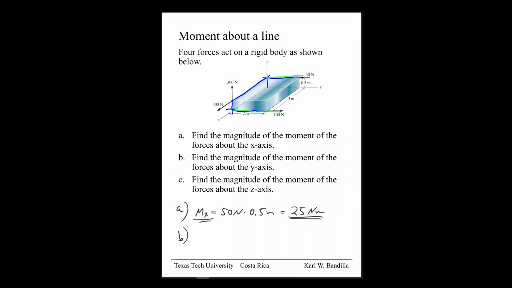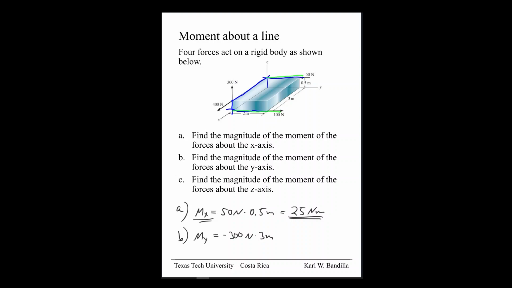If we take our right-hand rule, then if we look at the y-axis, the 300 is going negative. So if we want to write this down, we'd say My is minus 300 Newton, distance is 3 meters.